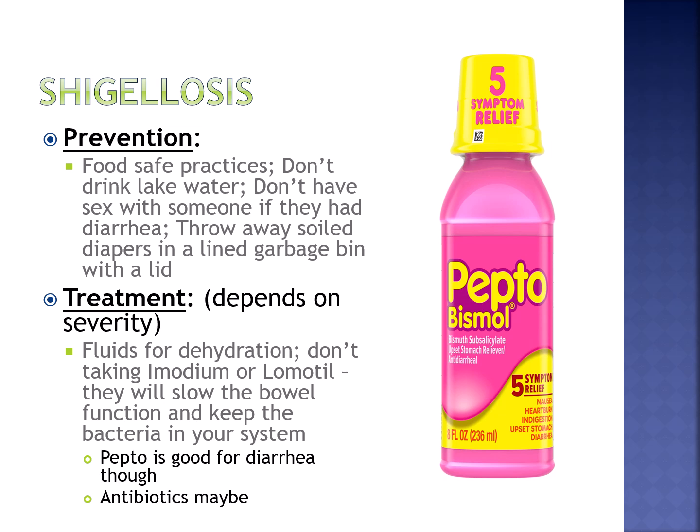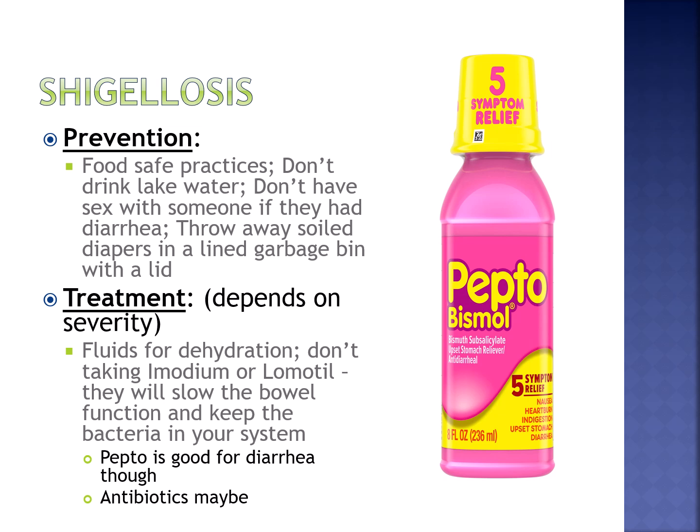There are certain things you don't want to take, like Imodium or Lomotil, because these products will stop you from pooping, essentially. They slow down the bowel function, which means that this bacteria will stay in your system for a much longer period of time.